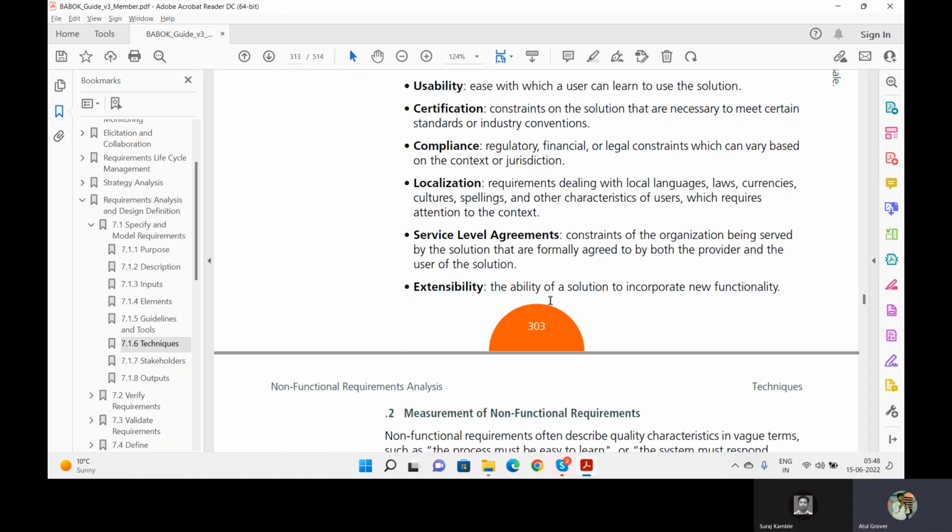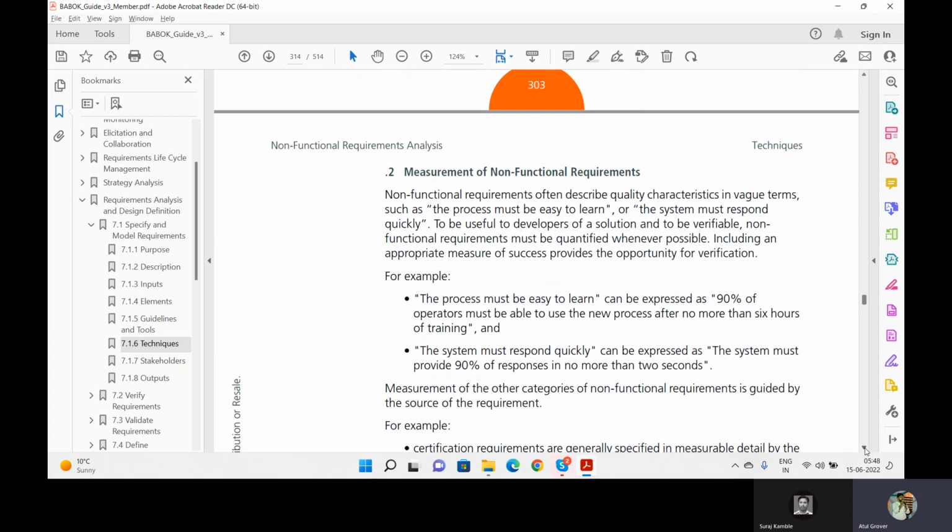Okay, good. Now, what are the measurements for the non-functional? But how to measure that? Yes, this is the point which I'm saying. They're saying that the process must be easy to learn. But what do you mean by easier to learn?